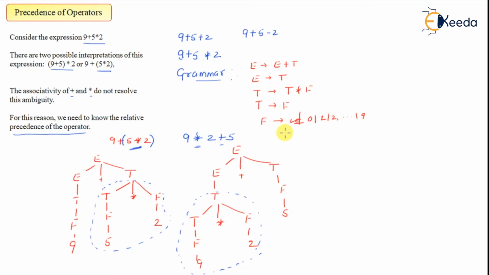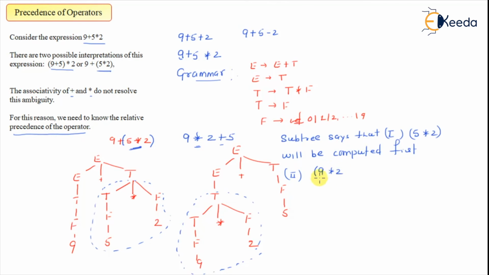That is the idea: for the first expression 5 multiplied by 2 will be computed first, and for the second 9 multiplied by 2 will be computed first. So that is the idea.